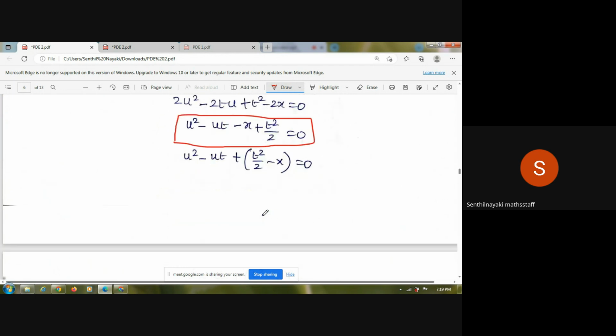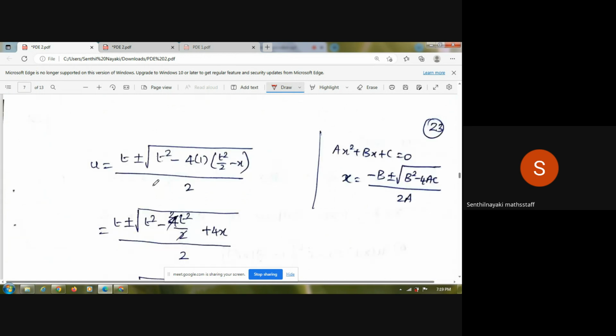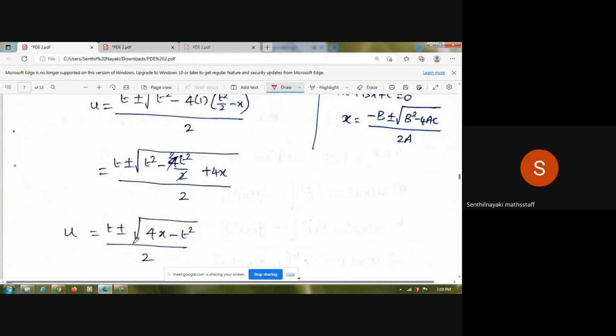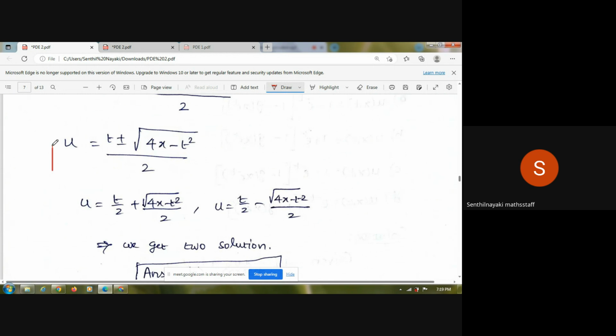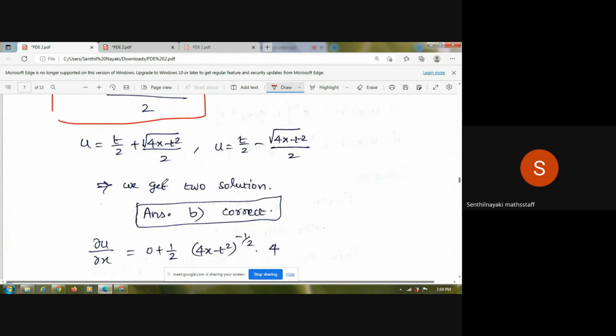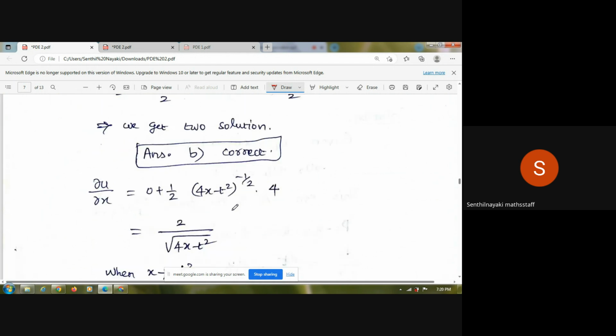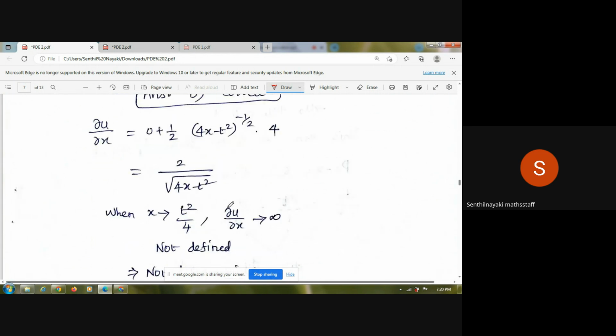After solving this quadratic equation, we have the u values. By using this formula, we get u equal to t plus or minus square root of 4x minus t square by 2. There are two solutions we get. Therefore, option B is correct. And one more solution, option 4 is correct.